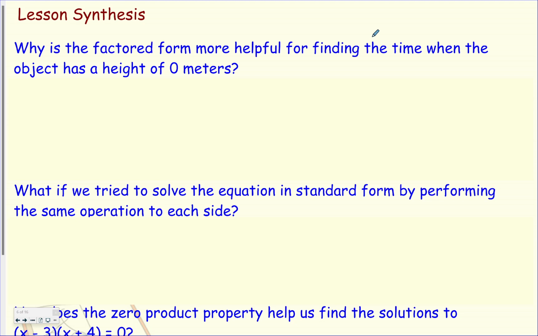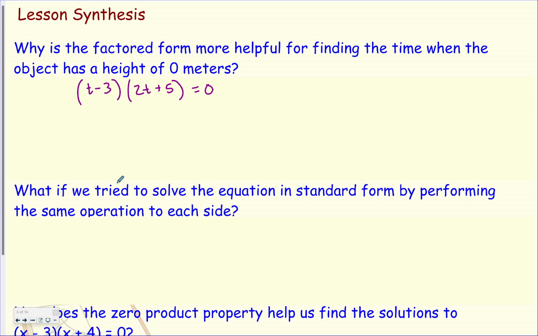Well, let's look at another sample equation: t minus 3 times 2t plus 5 equals 0, something like that. Why is this better than the alternative?